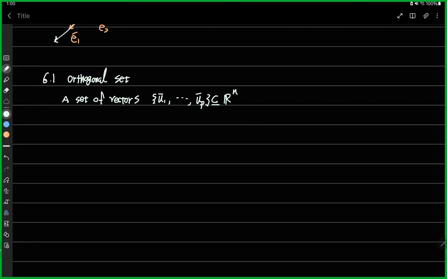This set is said to be an orthogonal set, which means that any two of the vectors are orthogonal, if ui dot uj is equal to 0.